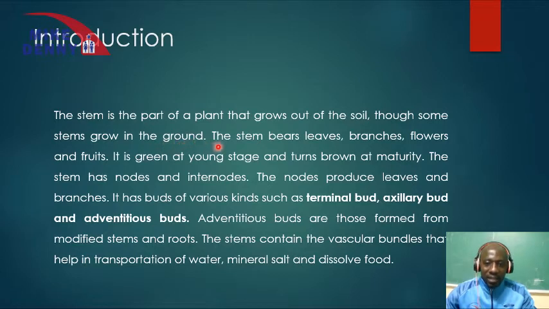And the stems that grow out of the soil, they bear leaves, branches, flowers, fruits. And most stems at young stage are green, but as they grow to maturity, they turn brown. I want to indicate that stems, they contain nodes and internodes.